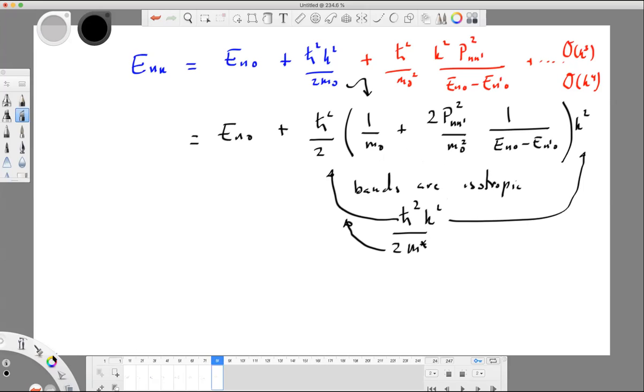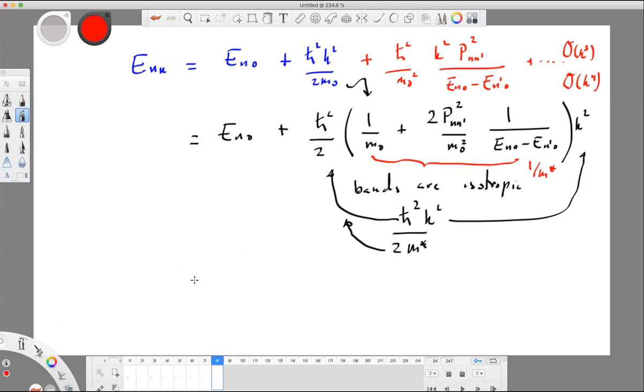So this whole expression is going to be 1 over the effective mass. This is how we obtain the effective masses, due to this correction from perturbation theory. Okay, so this is very nice.